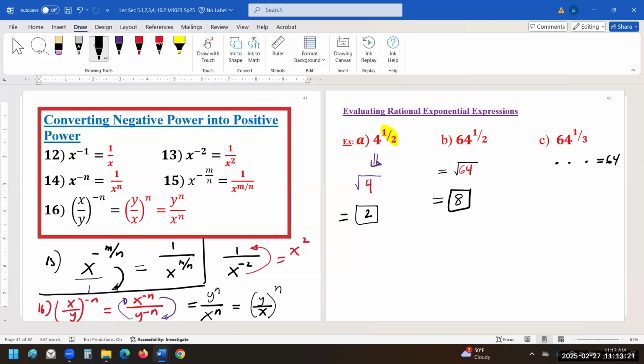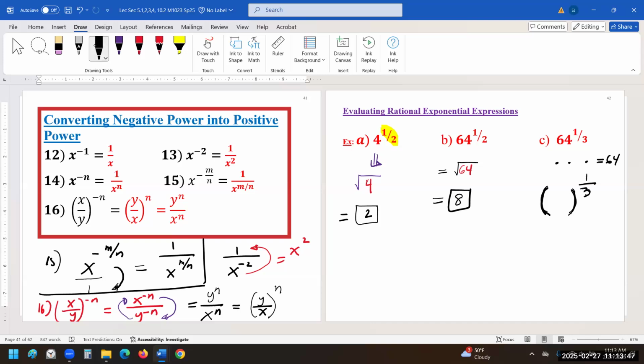Same number you're multiplying 3 times. Any idea? So here I'm going to rewrite our 64 using a power, and we have our 1/3 outside.